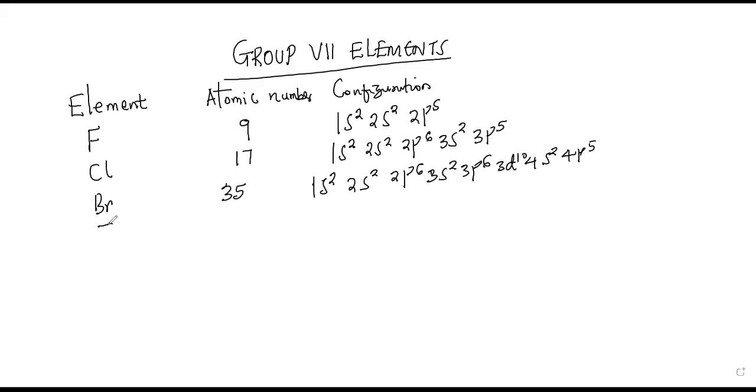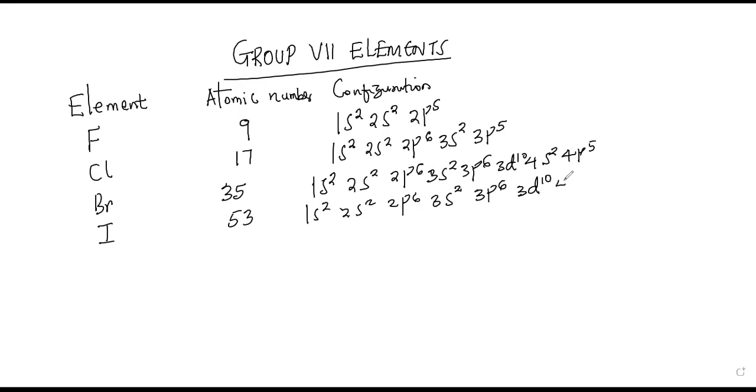Then iodine has atomic number 53, implying that the configuration will be 1s2, 2s2, 2p6, 3s2, 3p6, 3d10.